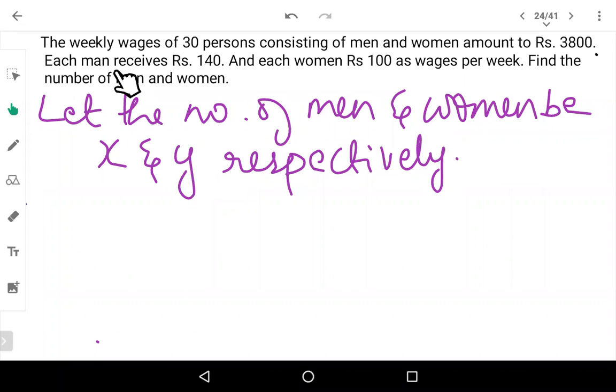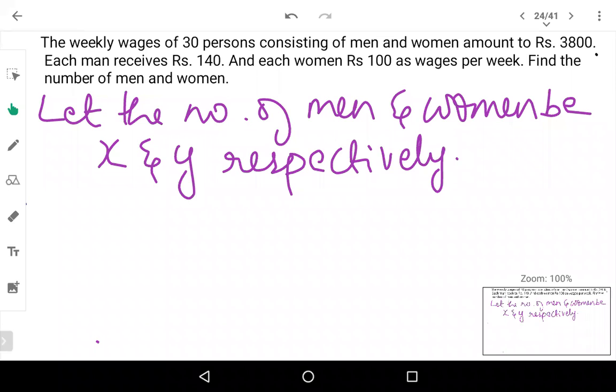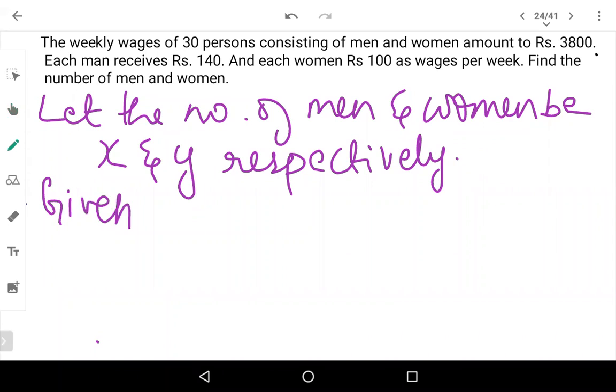Now, by reading the first two sentences, let us form the equation. Given, read the first line. The weekly wages of 30 persons consisting of men and women amount to rupees 3,800. So if you just take the weekly wages of 30 persons, men and women together, how many people are they?